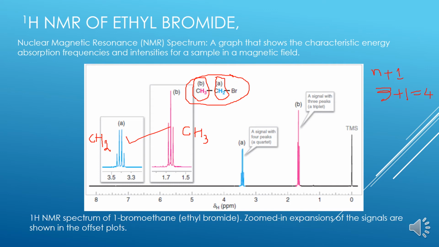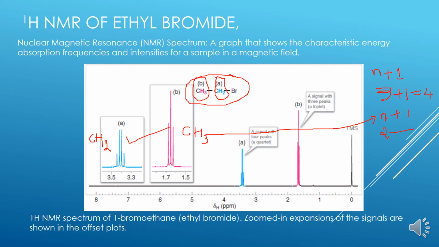So as far as methyl is concerned, the number of splittings n plus 1 gives, for the CH3 group, there will be two neighboring protons. Both are non-equivalent to each other, therefore they split into a triplet because two neighboring protons are there.